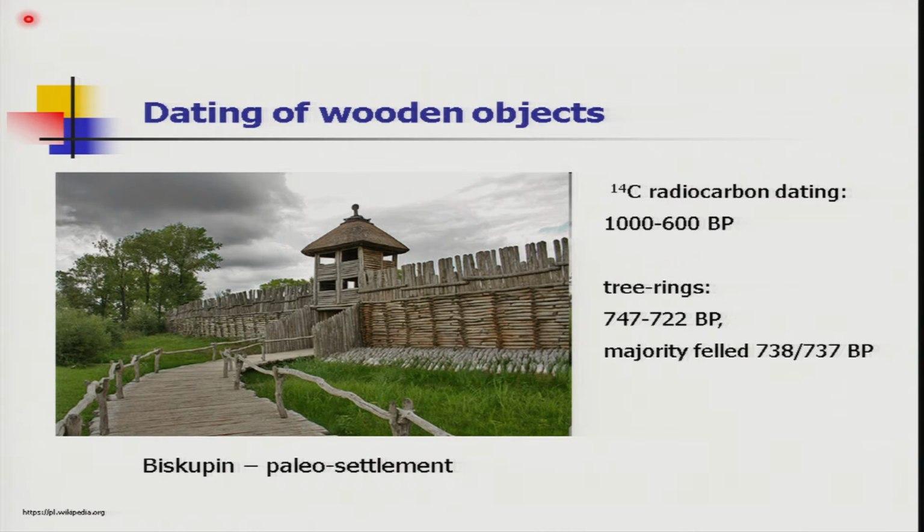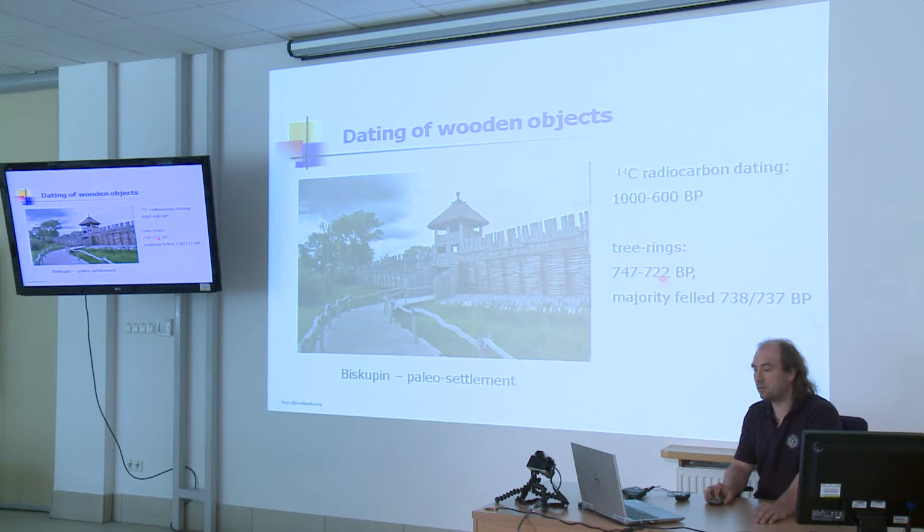But finally, researchers decided to go for dendrochronology, and the information, as you can see, is much more precise. Now we have only 25 years of the time span. And when we focus on the frequency of the dates, we know that the majority of trees that were used for the construction of Biskupin were felled in the winter between those two years.